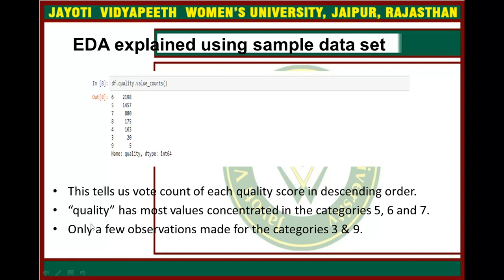So quality has most values concentrated in the categories 5, 6 and 7. Only a few observations are made for categories 3 and 9. These are very low values, so we can ignore them. So mainly 6, 5 and 7 are the best ones, and we can ignore 3 and 9.